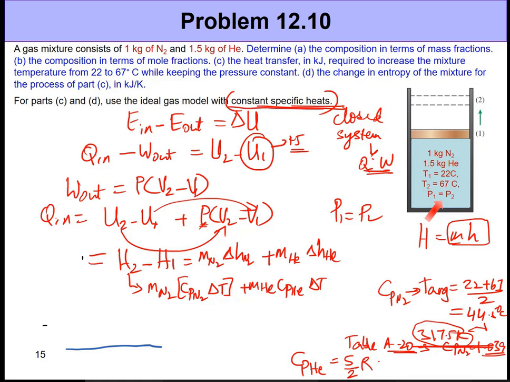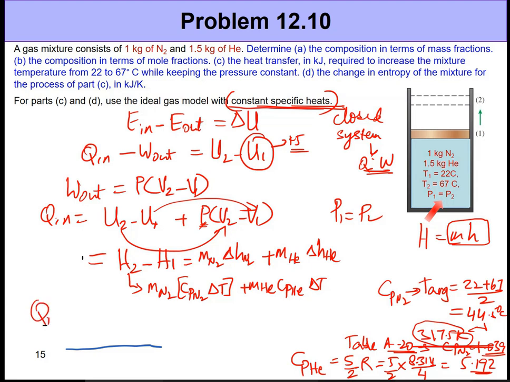It will be 5.2 times R, and you already calculated the Cp of argon when you were solving the homework. So R would be simply the universal gas constant 8.314 divided by the molar mass. The molar mass for helium is 4, so this comes out to be 5.192. Okay, we have the Cps now.